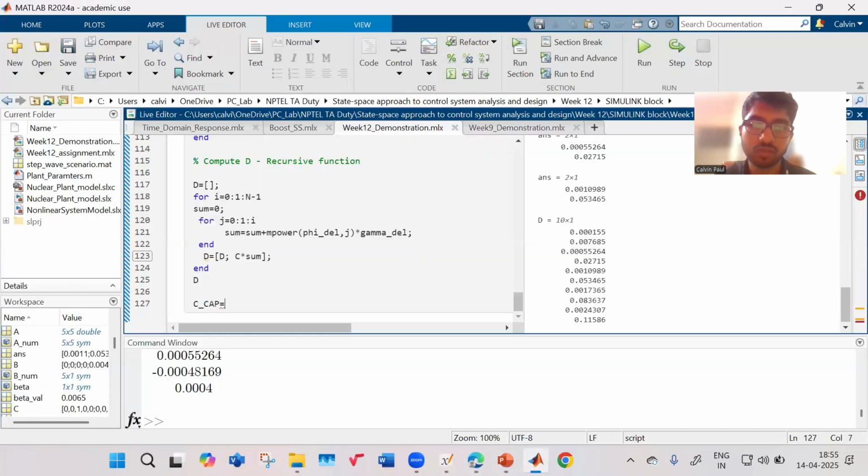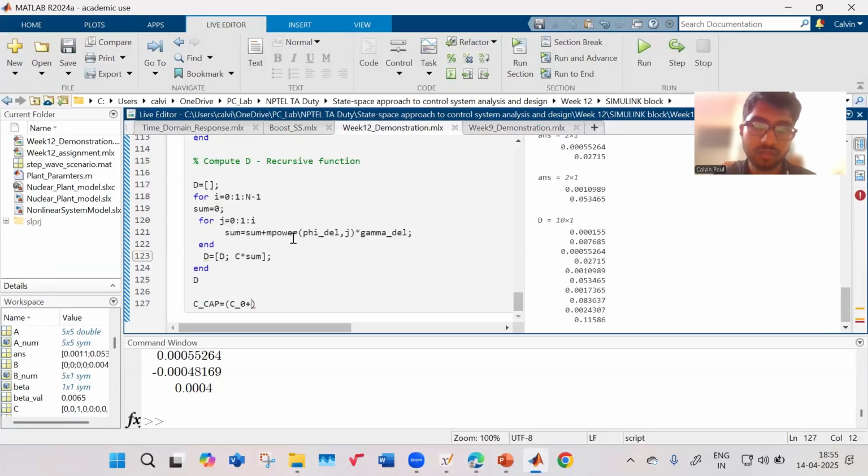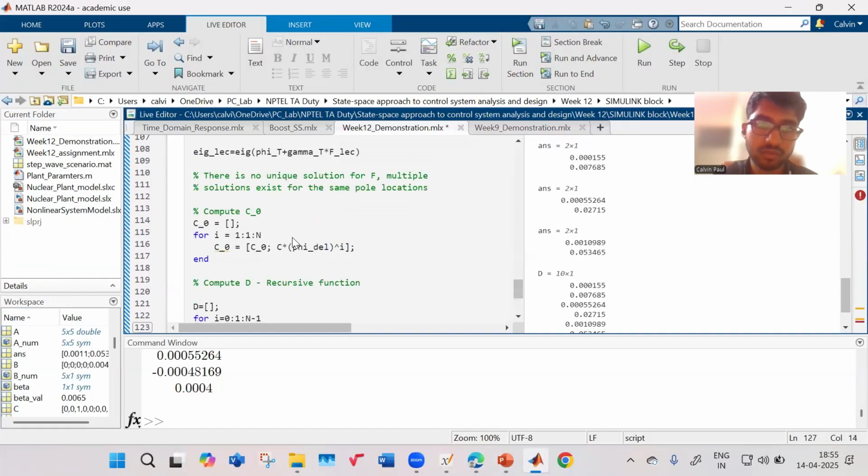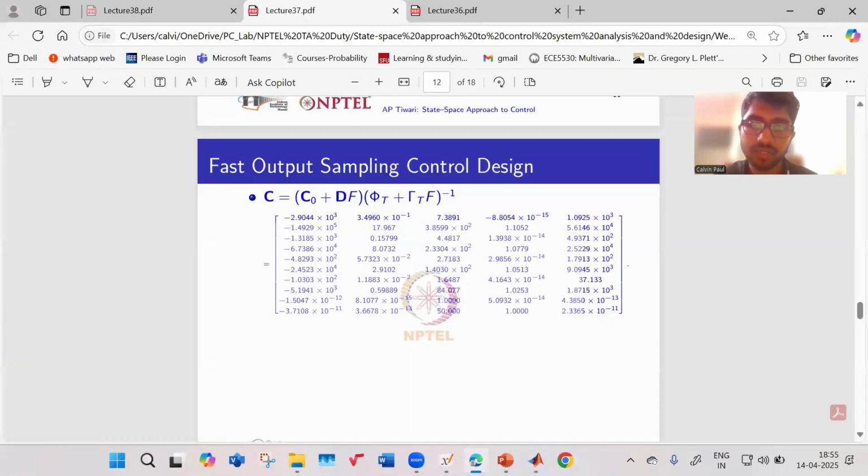C cap is equal to C naught plus D into F. Let us do F lecture. So let us have C cap lecture: C naught plus D into F lecture into phi t plus gamma t.